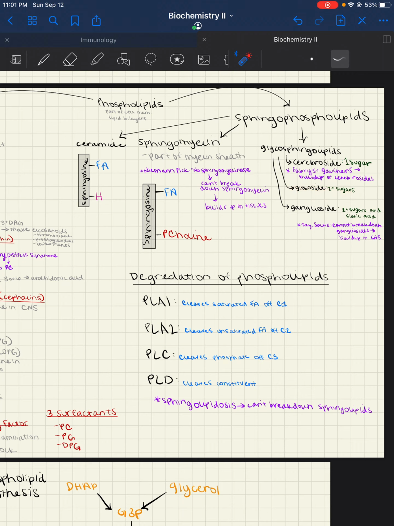Globoside means there's 2 or more sugar constituents. And ganglioside means there's 2 or more sugars and salicylic acid. If you have trouble breaking down cerebrosides, you can have Fabry's or Gaucher's disease. If you have trouble breaking up gangliosides, you may have Tay-Sachs disease.